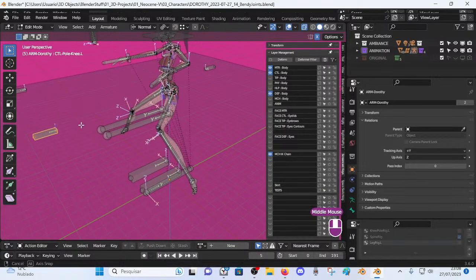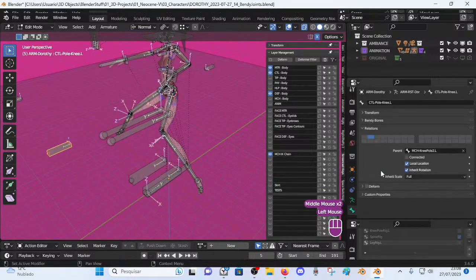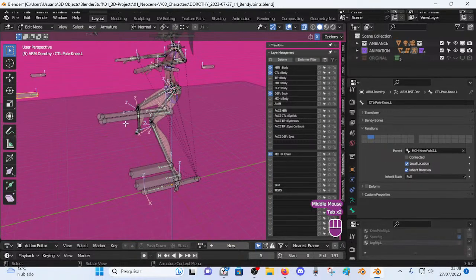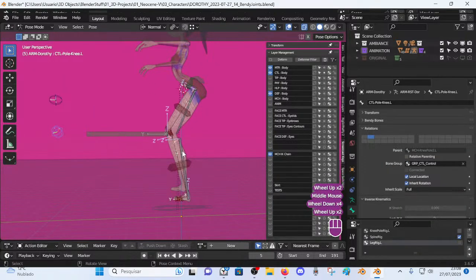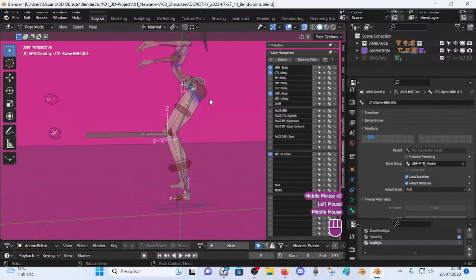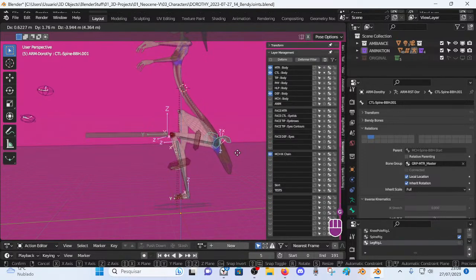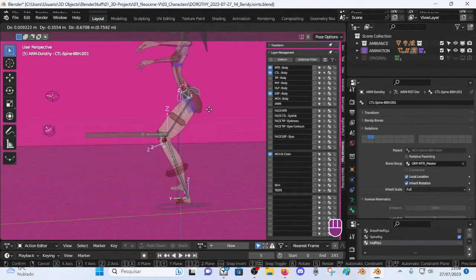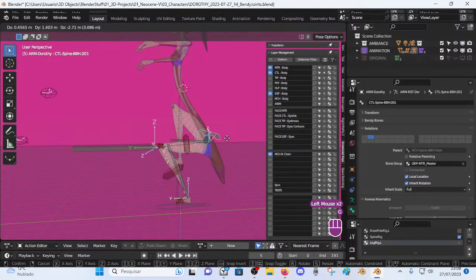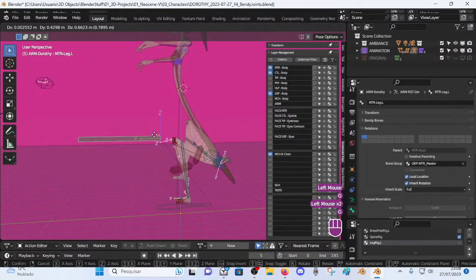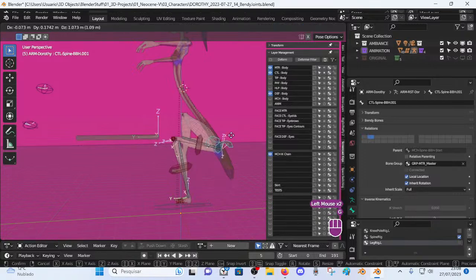Well, currently the pole targets, are they parented to anything? Yes, this is parented to a mechanism bone that I have to revise, but let's see. I've just found something that is the key to solve this in a more elegant way. So it has to do with the position of the, if it was tracking the position of the knee, I could probably do all this motion here.